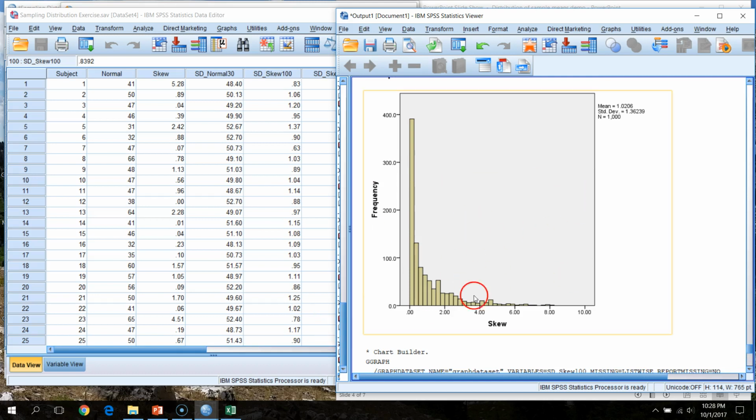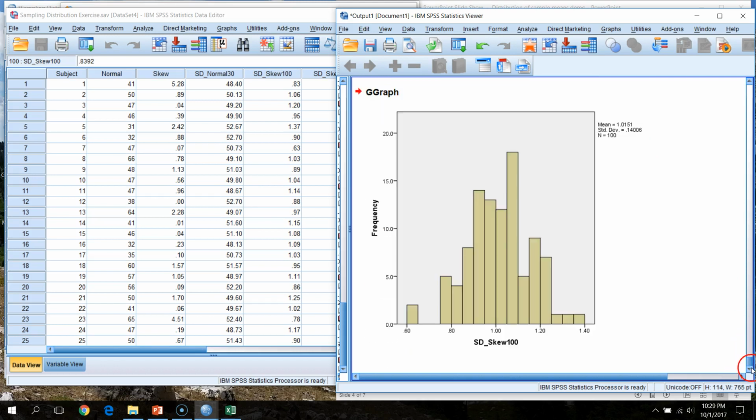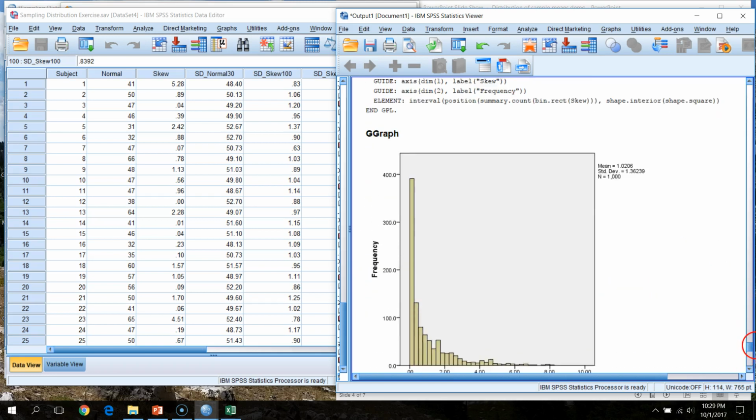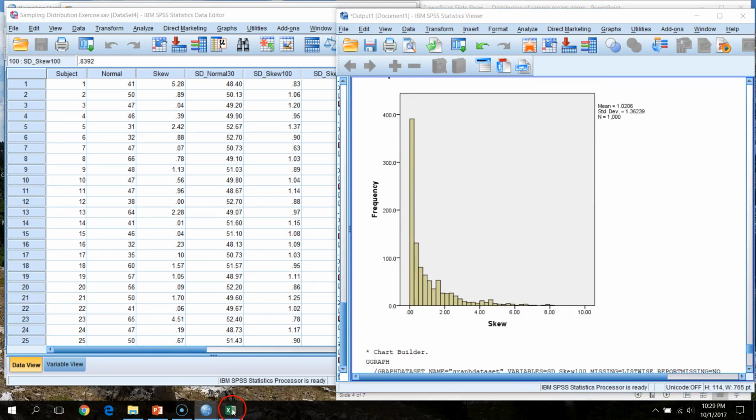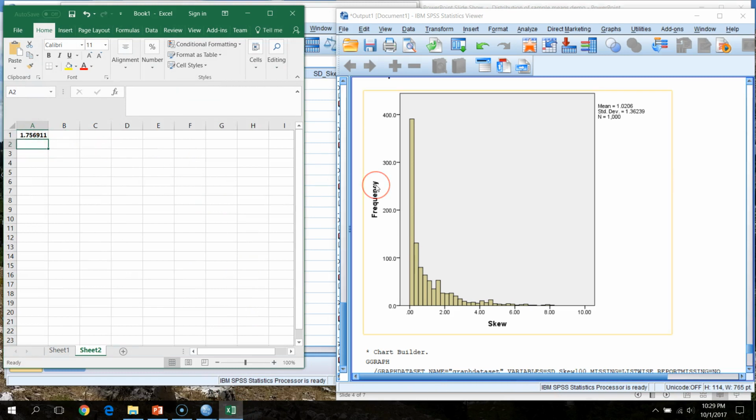Mean of our original population, 1.02. Mean of our sampling distribution, 1.02 essentially. And then again, 1.362 is our standard deviation in the population.